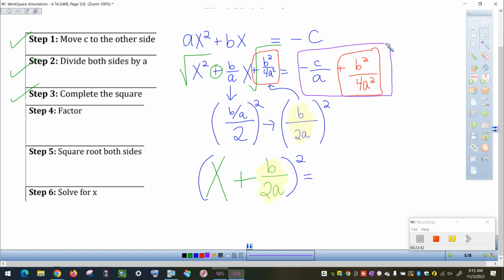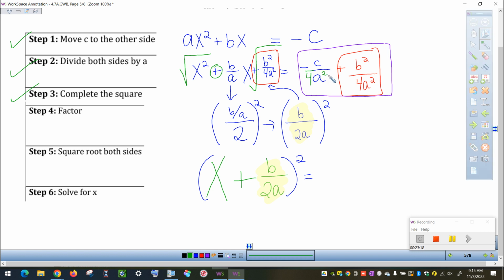And right now they're not the same because the first denominator is a, the second denominator is 4a squared. And so in order to get those denominators to be the same, we could keep the second denominator as it is. All we would need to do to the first fraction denominator is multiply that by a 4, and then multiply it by another a to make it an a squared.